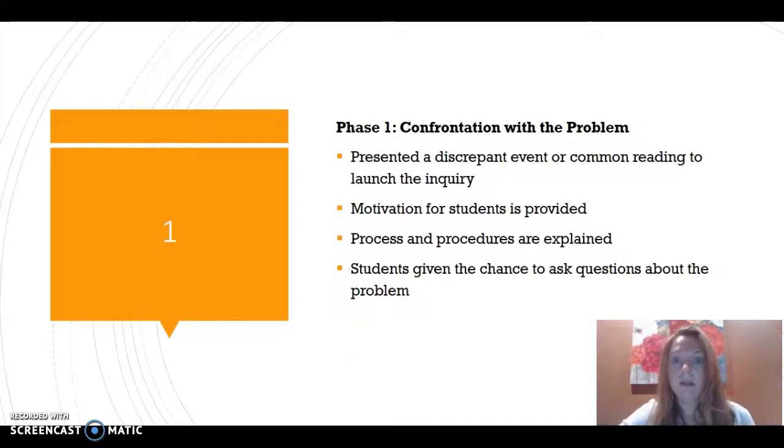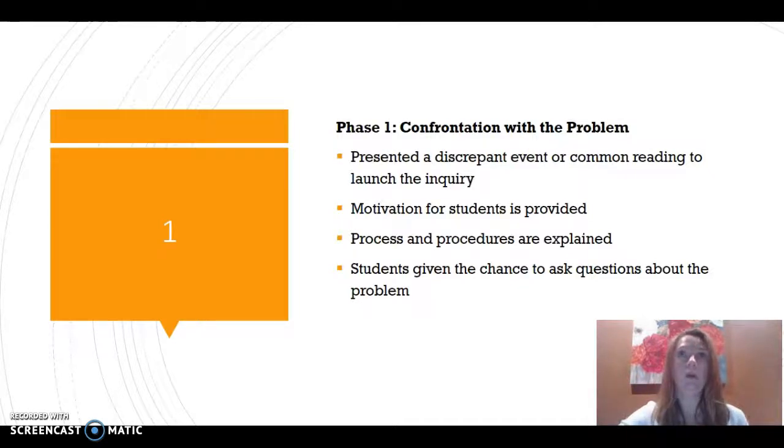Now, for the next part, I want you to insert a comment and number it with a big number 1 beside the part of the lesson plan where you have your students confront the problem, how you introduce them to it conceptually.